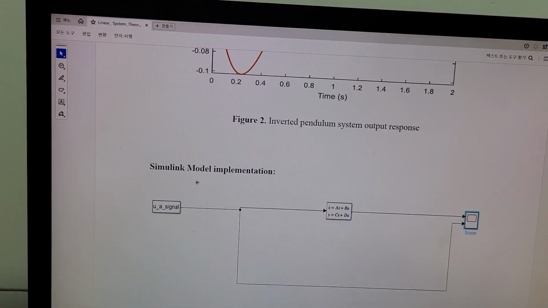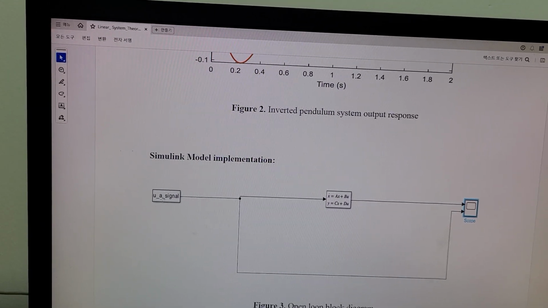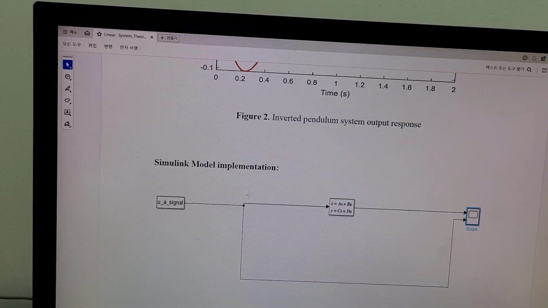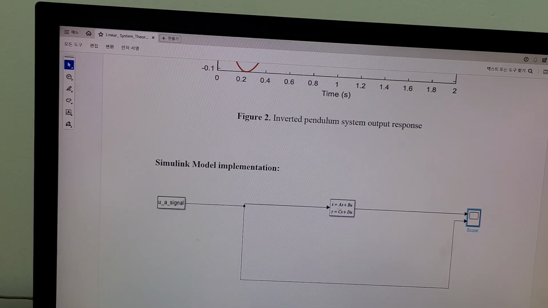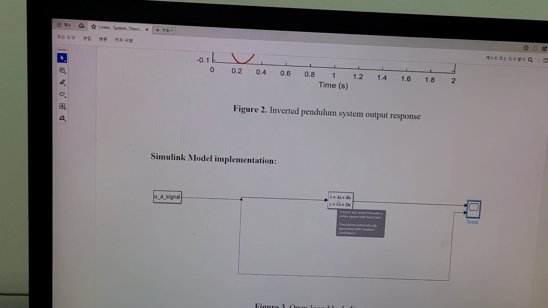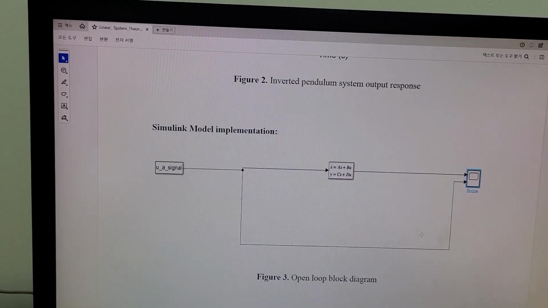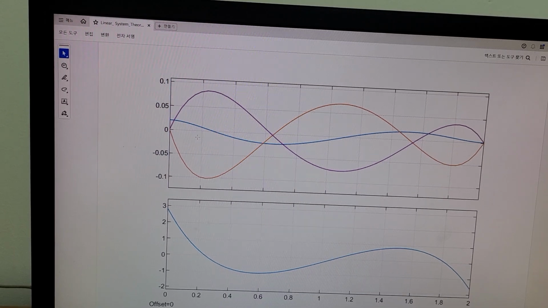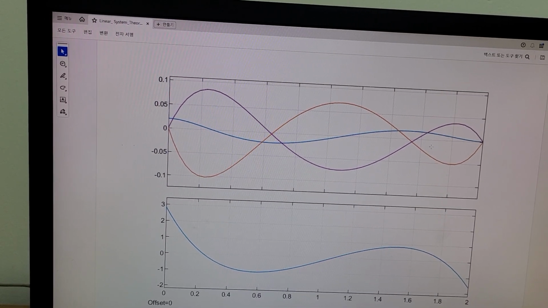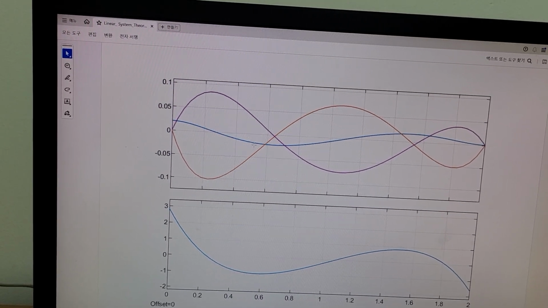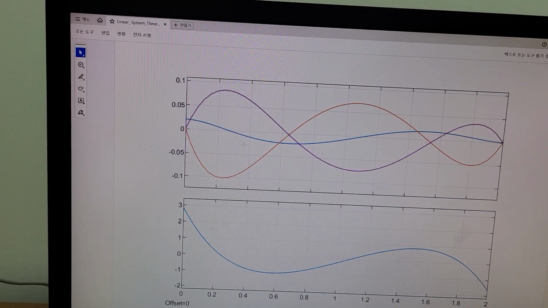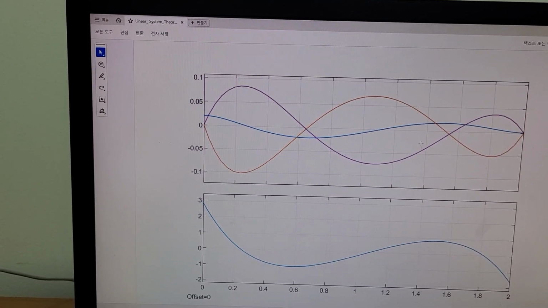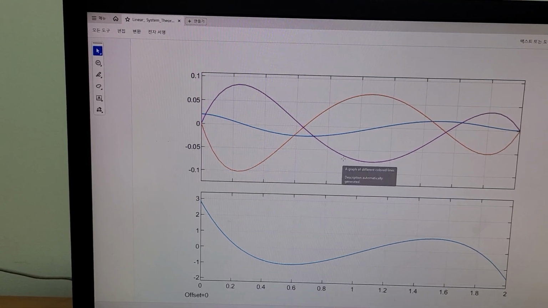Now this is the Simulink model implementation. From the workspace we put the value equal to the UA value here, and this is the state space model. We have the scope, and we can alternatively represent the output responses: the angular response of the pendulum and the linear response of the cart.